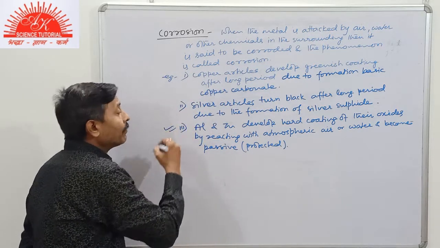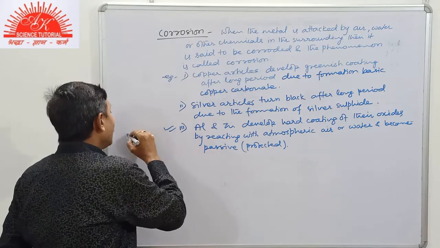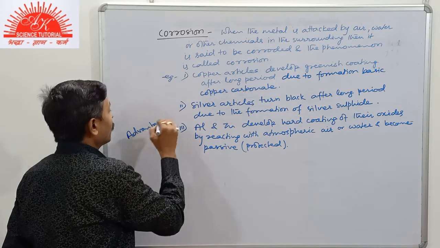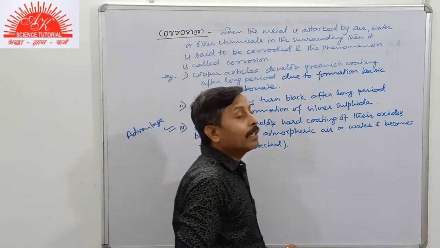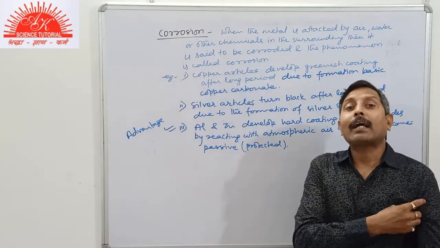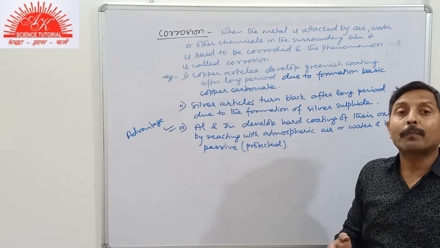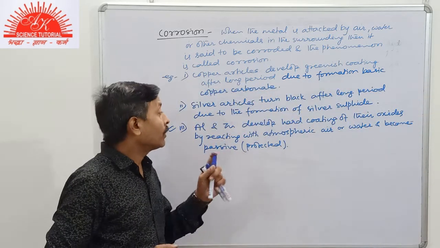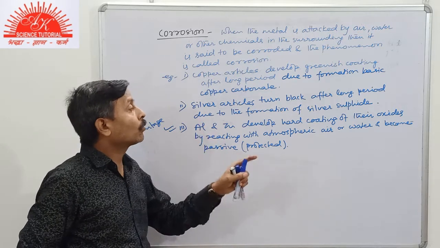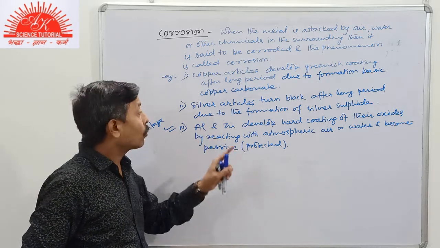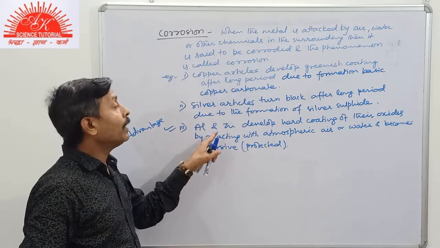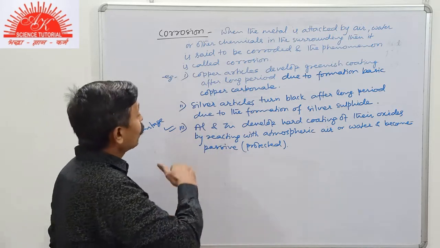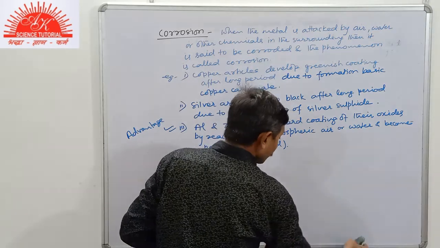So this can be taken as the advantage of corrosion. That is, aluminium and zinc articles exposed to air over a long period form a hard, passive layer of their oxides, and further corrosion stops. So corrosion starts, but it is useful, as it further prevents corrosion of these metals.